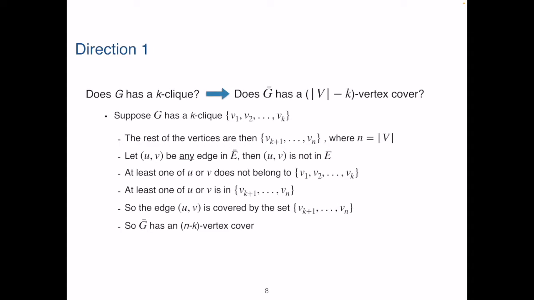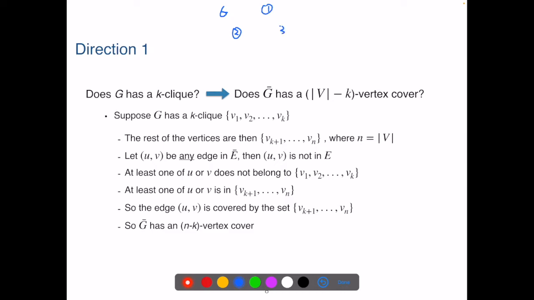Here we're going to show you an example. This is the graph G. We have 5 vertices, and we have edges like this. And then we can construct the G complement accordingly.